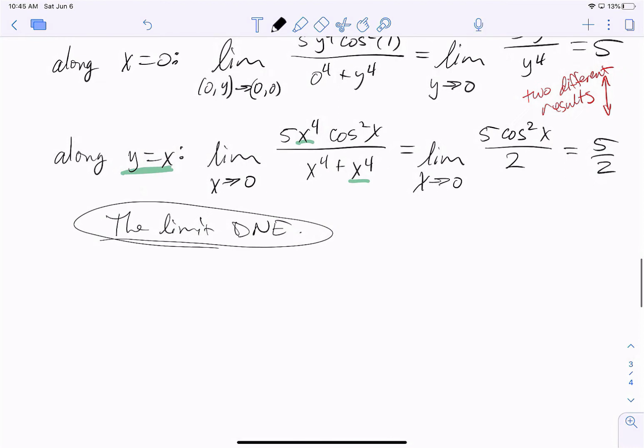Now, we'll never consider infinite paths, of course, but it might be useful to note what kind of paths we can consider. What I'm going to write down right now are paths to consider if we have (x, y) approaching (0, 0).